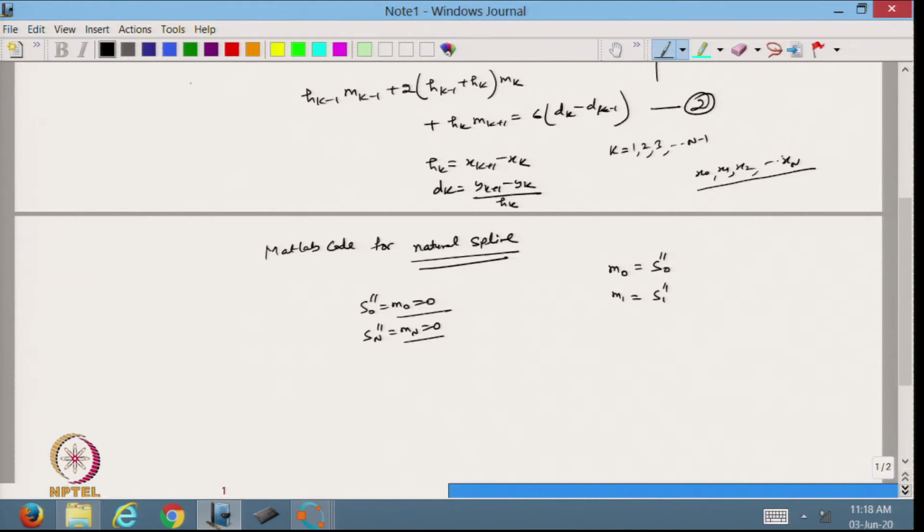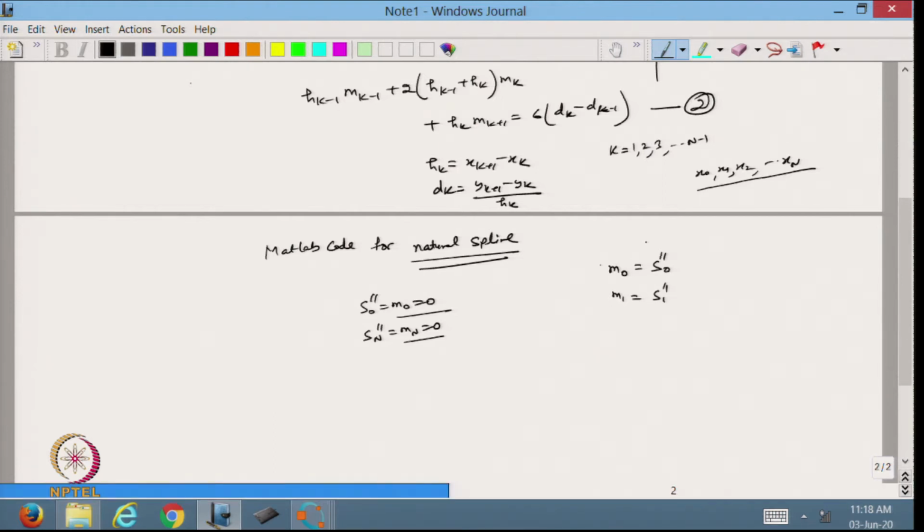I will go from 1 to n minus 1, because if I go beyond, I would have to involve points outside the boundary. Now let us see how we can solve for the values of mk. If I put k equal to 1, I get h0 m0 plus 2 times (h0 plus h1) m1 plus h1 m2 is equal to 6 times (d1 minus d0).